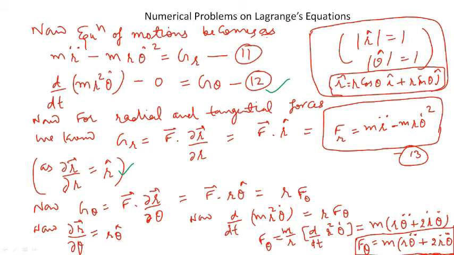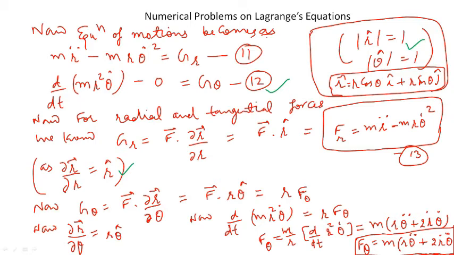It is for the radial part, because the modulus of the unit vector r will be 1, so it will give you only the force component, and its value is equal to m r double dot minus m r theta dot square.